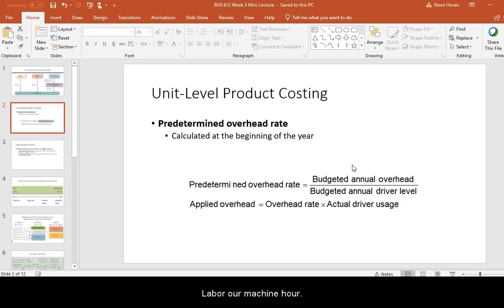That might be direct labor hours, direct labor cost, machine hours, just whatever we can use to allocate the overhead. There's really no right or wrong item to use as that driver. It's just whatever makes sense for that company or that product. But we use the predetermined rate to allocate overhead.